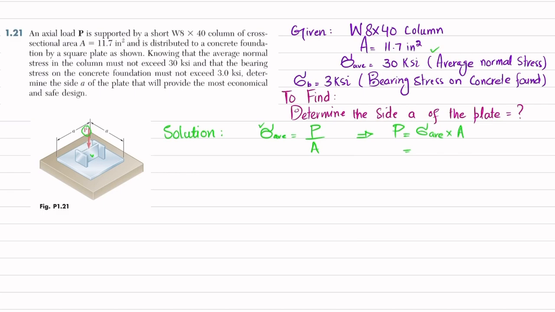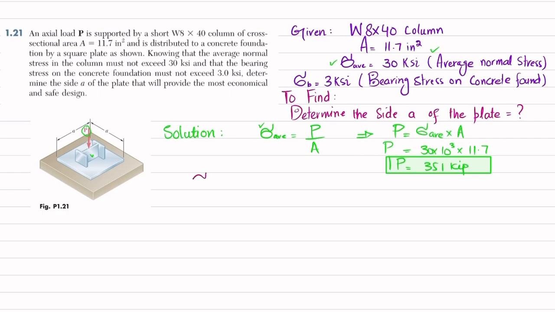Area is given and average normal stress is given. So 30 into 10 raised to power 3 multiplied by 11.7, which is the area, will give you the load, and when you calculate it, it will be equal to 351 kips. So now we have this load. What we will do is that we will find the bearing area.